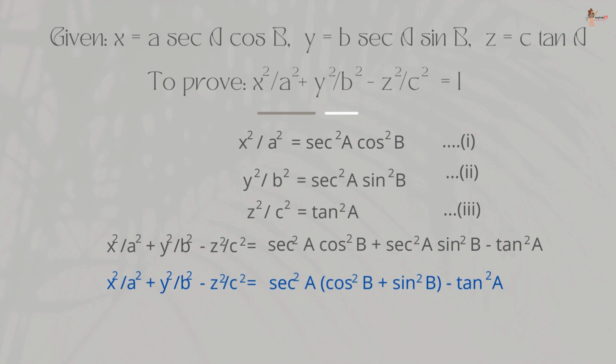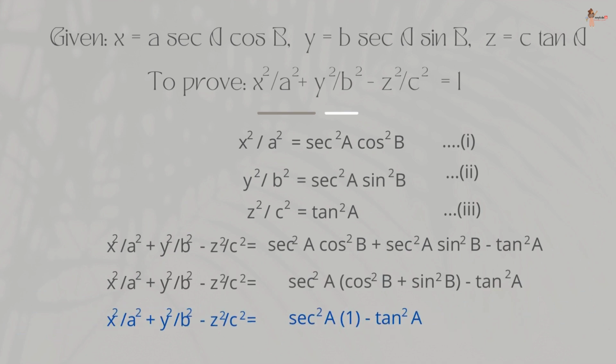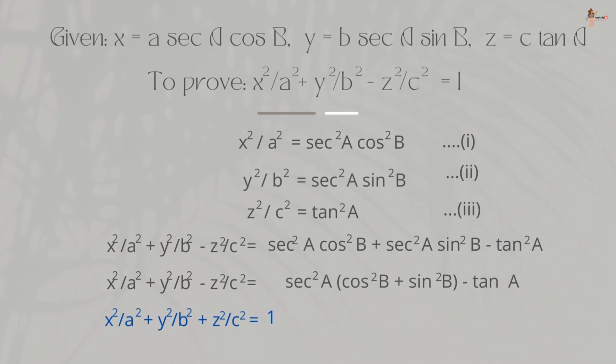Now taking sec² A common, we get this. Now cos² B + sin² B is 1. And the second identity, sec² A − tan² A, is also 1. Hence, this is what we needed to prove.